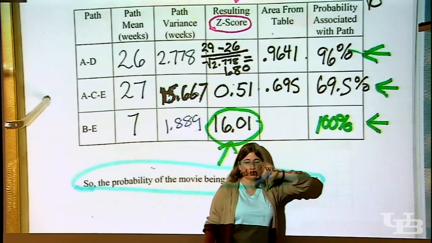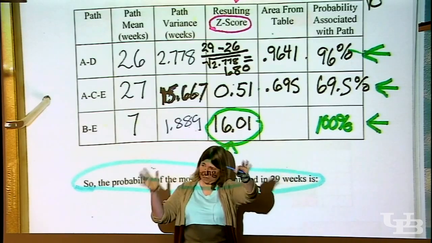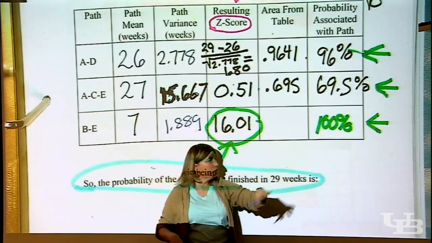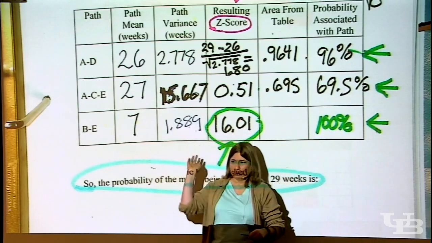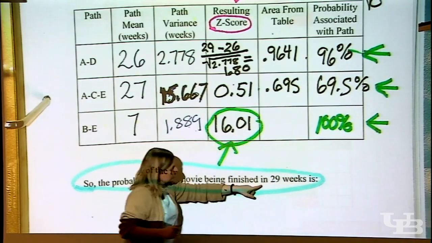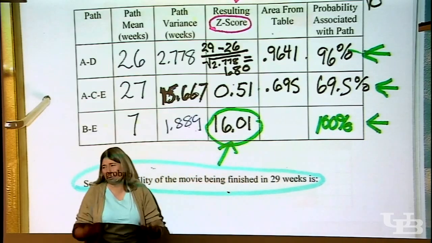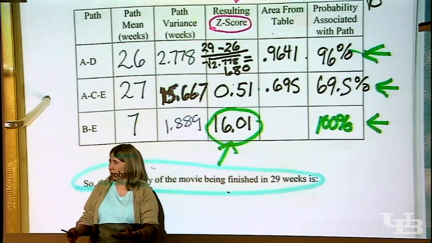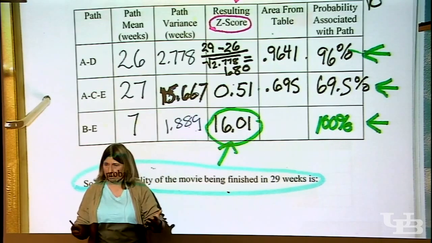One of them has a 69.5% chance, about a 70% chance of being completed by the deadline. And then one of them, we said, don't worry about that. That one will be completed by the deadline. Oh, that's nice. Those are the paths. This is actually the answer. This is what we want to know. But with the whole thing, right? What's the chance about the whole thing being done?